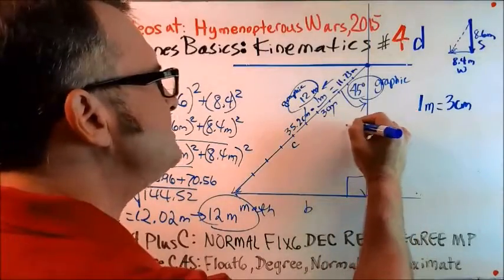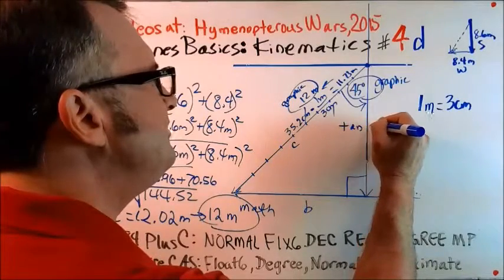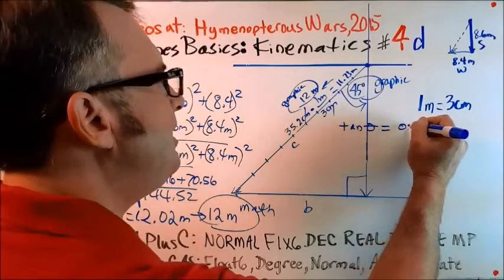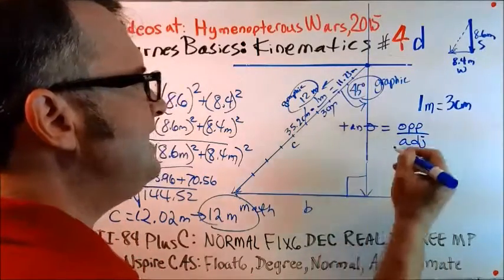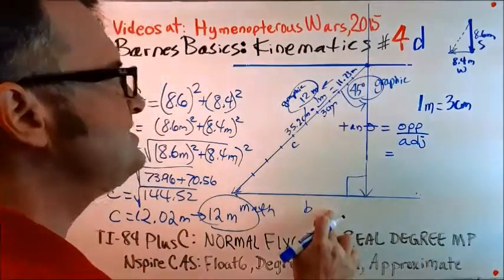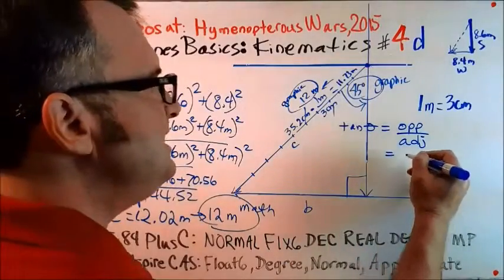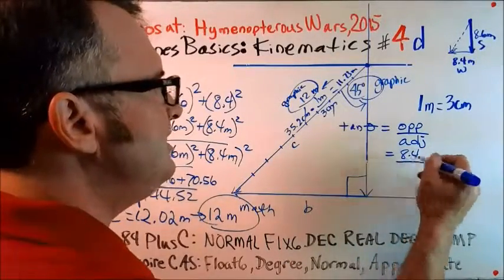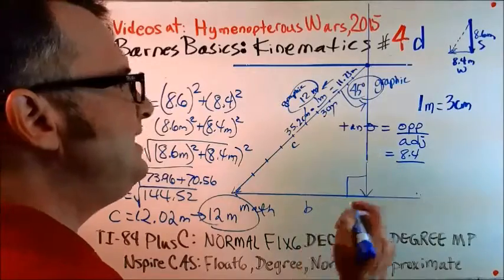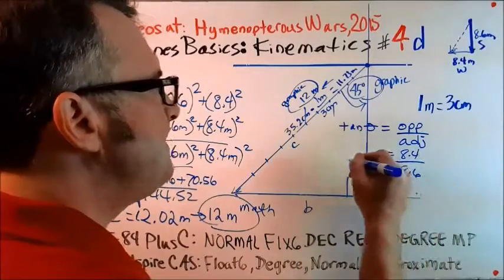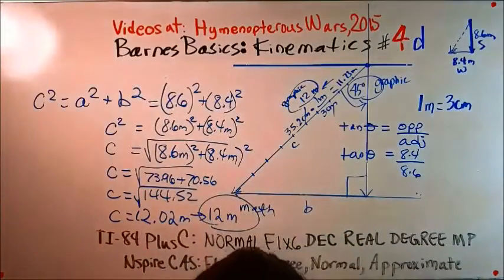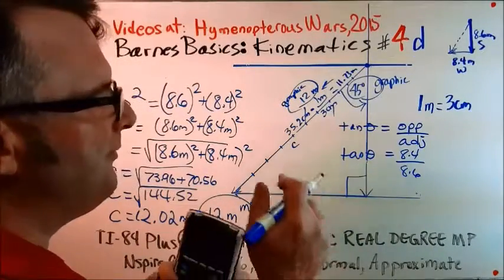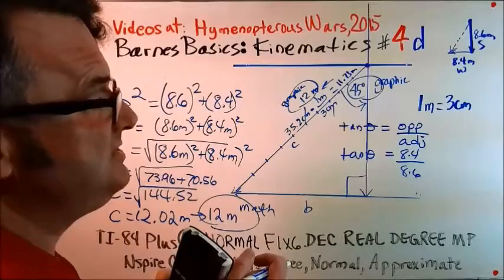If we said tangent of theta is equal to opposite over adjacent, then we could say that it's equal to this side, side B, which is 8.4, divided by the adjacent side, which is 8.6. That's tan of theta. We will eventually want to find theta, which is the degree.